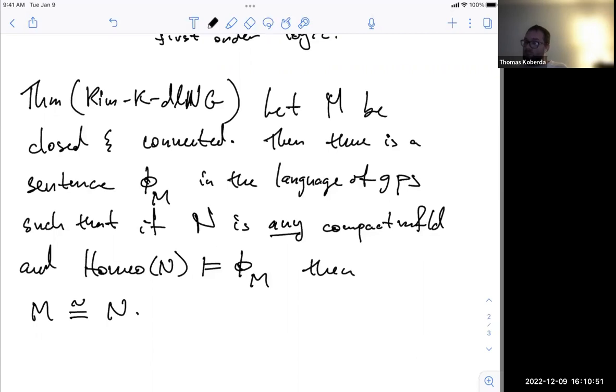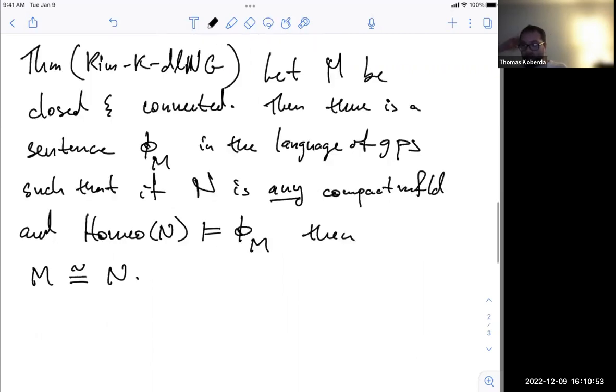Okay. So this is, I think, the easiest and most straightforward way of stating the main result. I'll say some addenda here, which show that this is actually slightly more general.